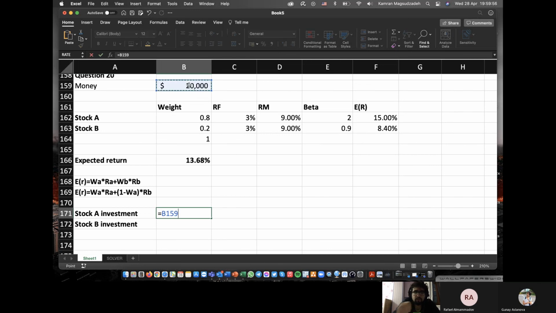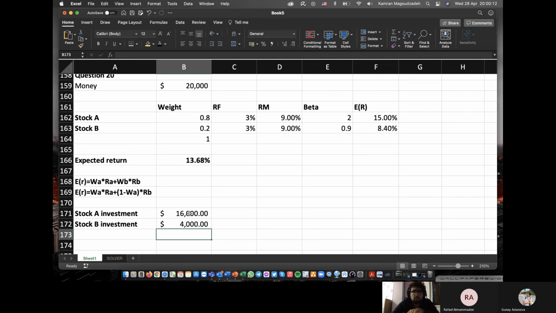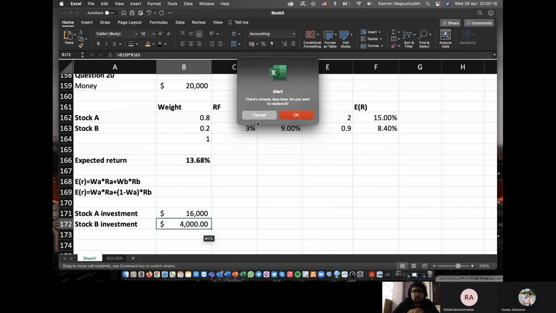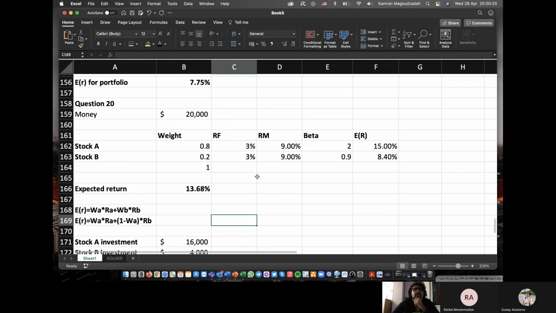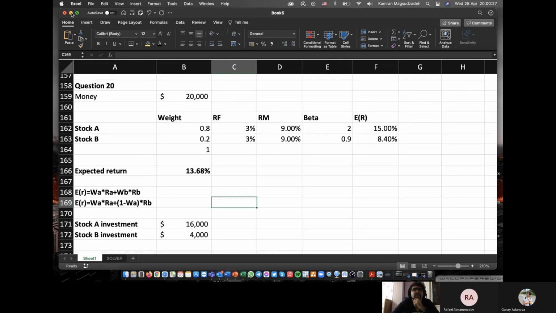How much money you have? 20,000 multiplied by weight of stock A, and 20,000 multiplied by weight of stock B. 16,000 A'ya, 4,000 B'ye invest edəcək. Bizim expected return'ümüz target bu olacak. That's it.